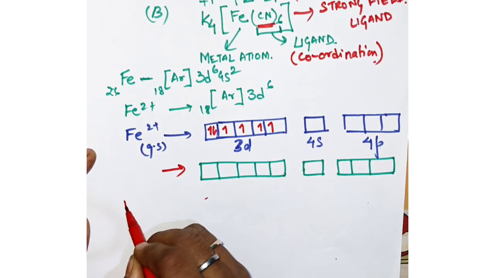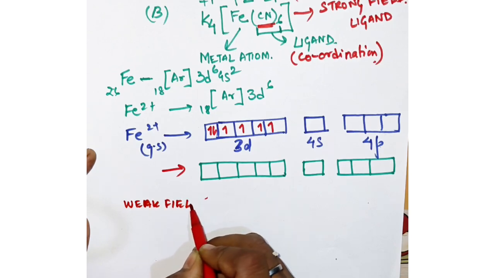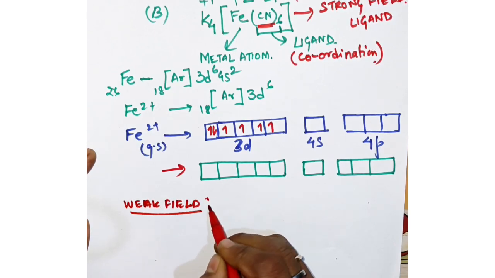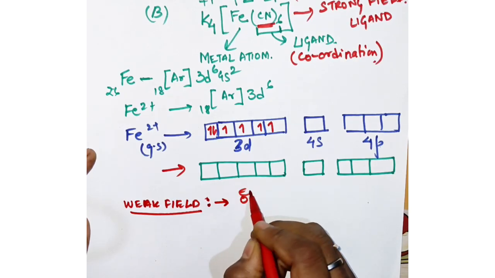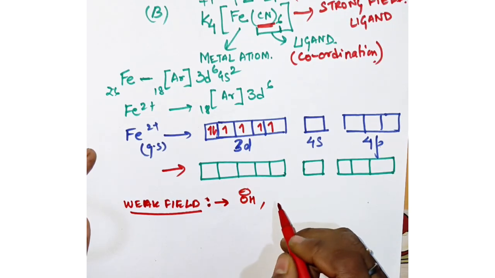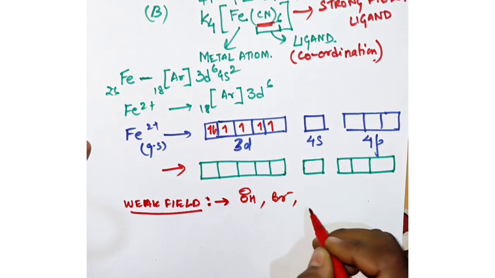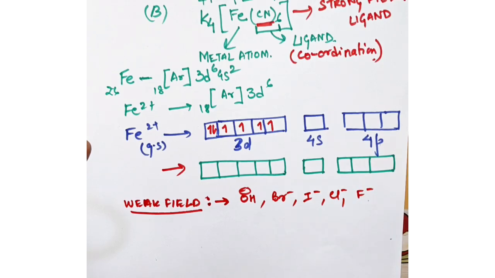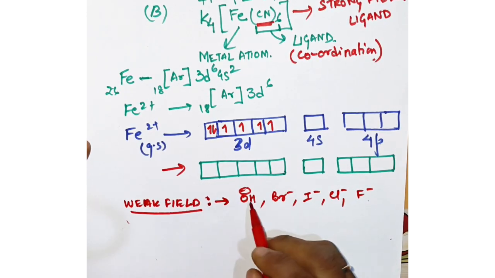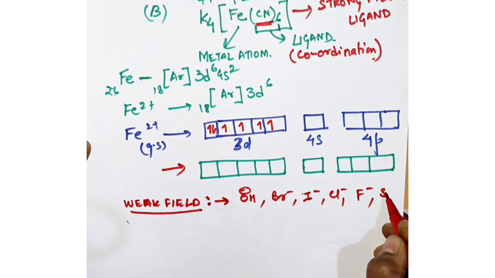If I discuss strong field and weak field ligands, weak field ligands are those where the donor atom is oxygen, bromine, iodine, chlorine, fluorine, or sulfur.